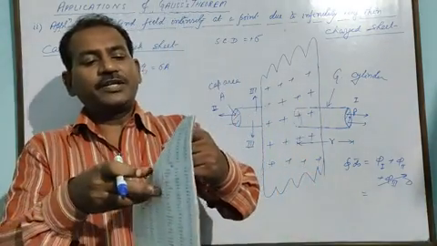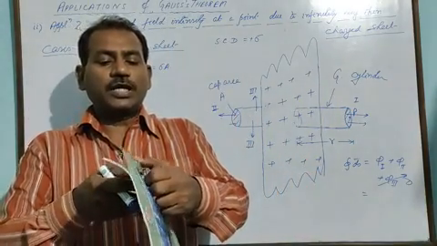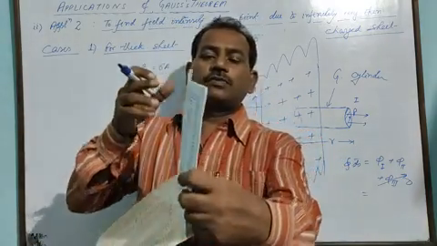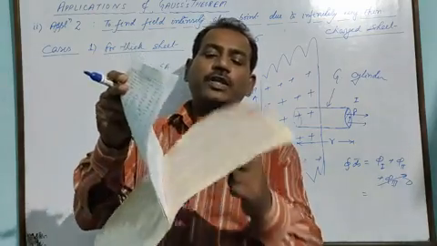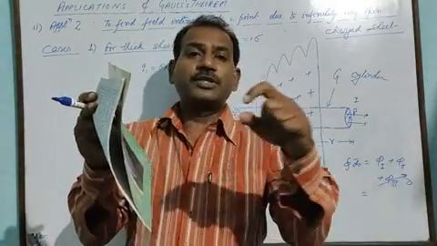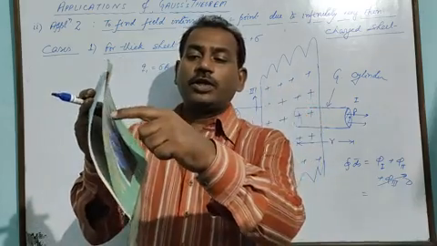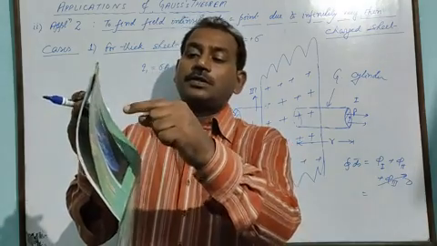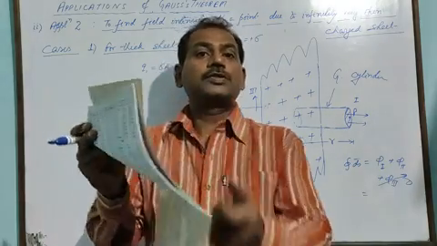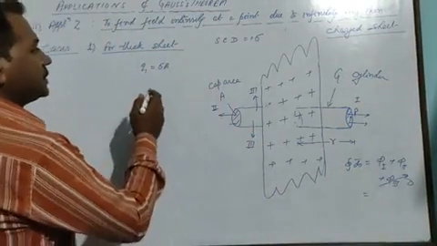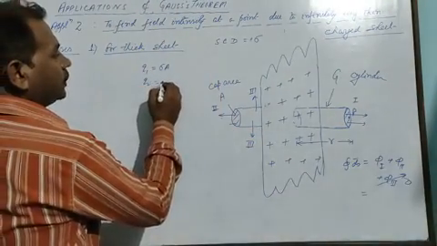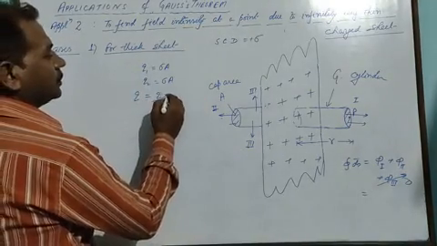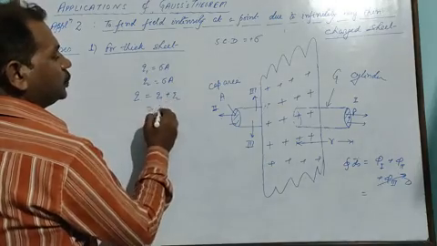Now when it penetrates through this portion to the last face, it will not have any charge in the Gaussian surface because it will not carry any charge. When the Gaussian surface comes out from this surface, then whatever the charge it has, again it will collect the charge. Cap area will remain the same. So the charge acceptance from the second face will again be sigma A. That means the net charge enclosed is 2 sigma A.